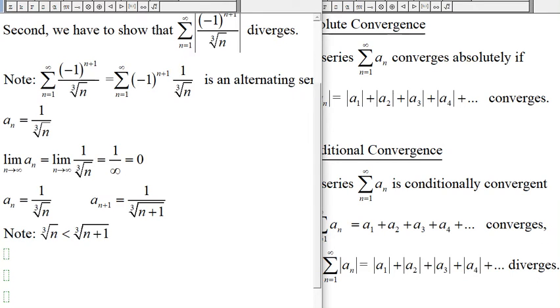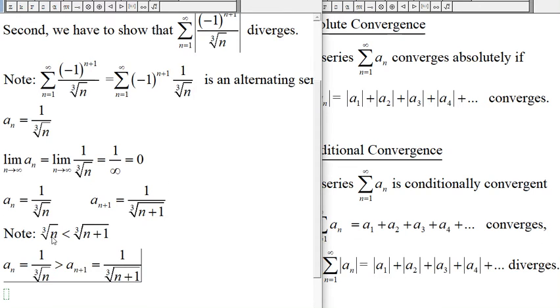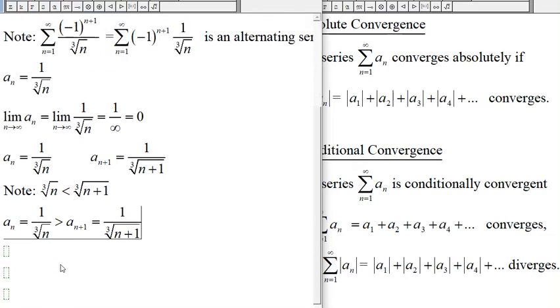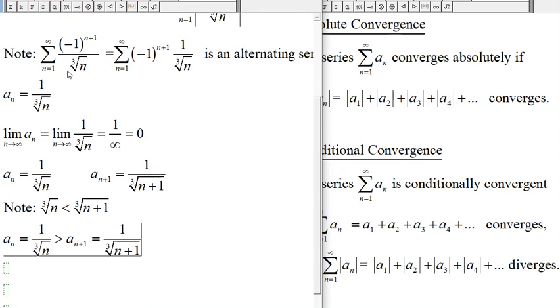And now we do the reciprocal, and this will be greater than this. So anytime we do the reciprocal, we have to reverse the inequality sign. And so we have shown two things: the limit of a sub n is equal to 0, and that a sub n is greater than a sub n plus 1. And therefore, this alternating series converges.